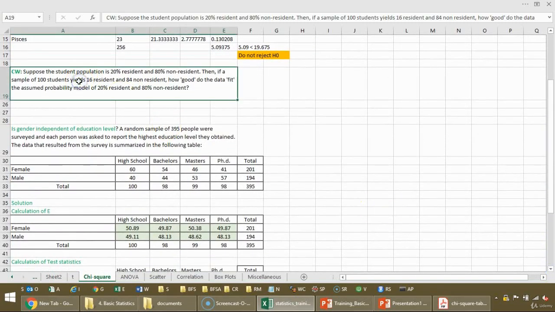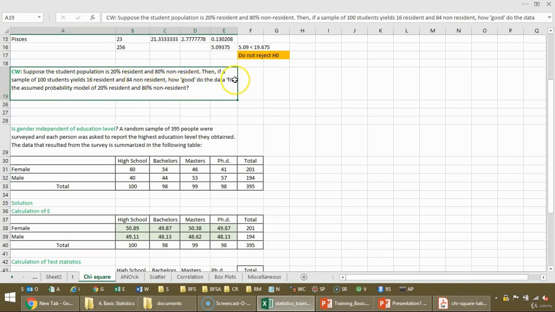Now this is the classwork. Please go ahead and do it. Here I have given the question: in a student population, there are 20% resident and 80% non-resident students. If you take a sample of 100 students, that gives you 16% resident and 84% non-resident.